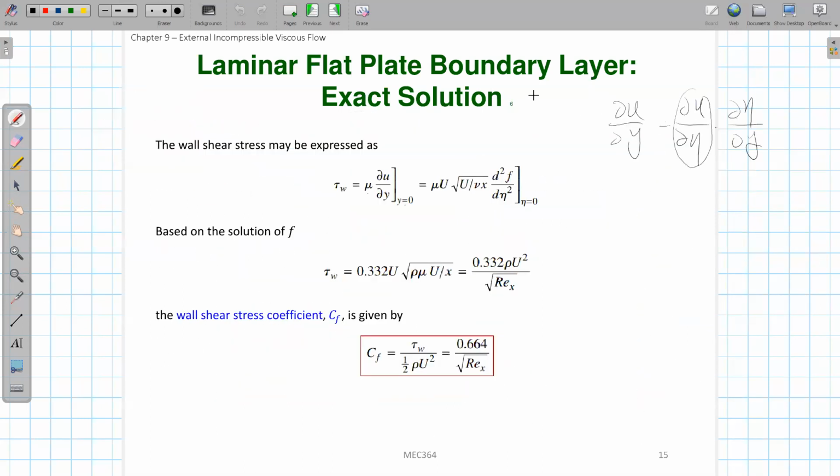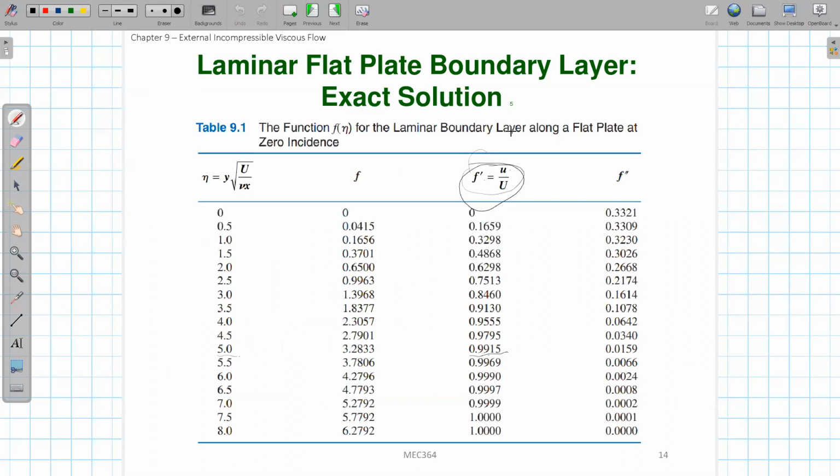By doing it this way, you can calculate tau w. Calculating this requires the second-order derivative of f with respect to eta, so you need to use this rule, and this is the result you need.